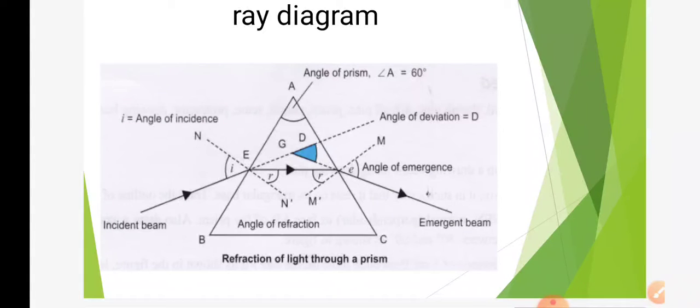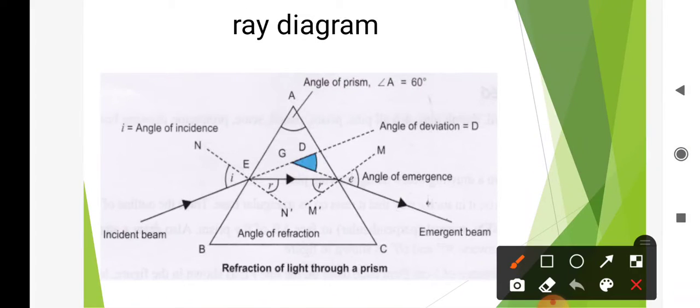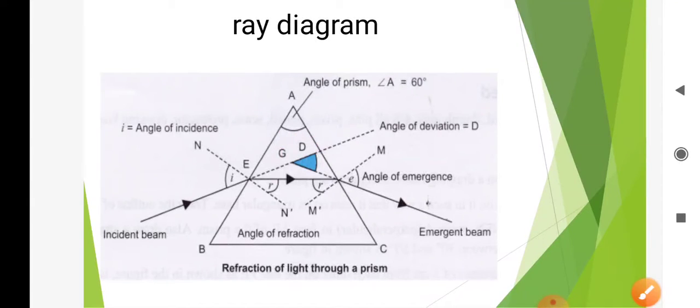When these 2 lateral surfaces incline at one point, they make an angle which is known as the angle of prism, denoted by A. The angle of prism is always equal to 60 degrees.